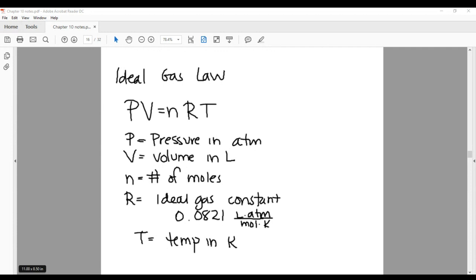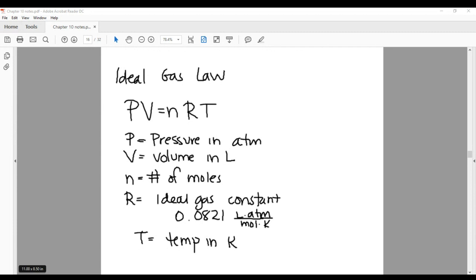So if you start the equation and you don't have these particular units, then you're going to have to convert first. You're going to have to do some conversions in order to get to that particular unit.